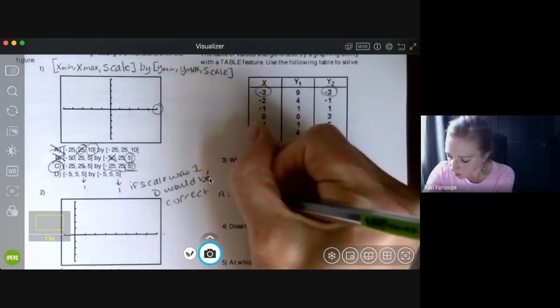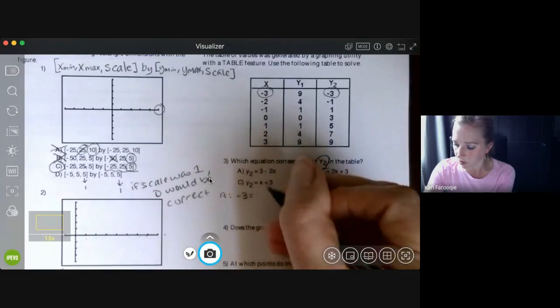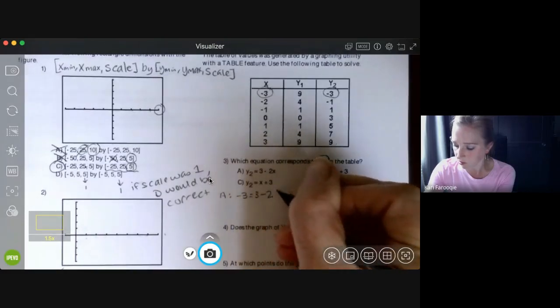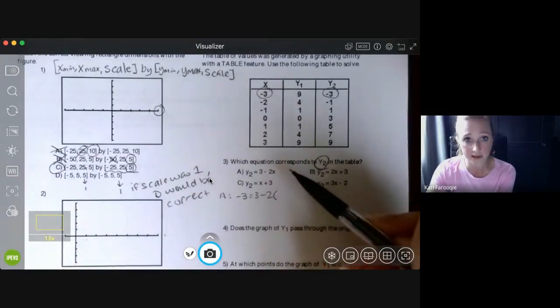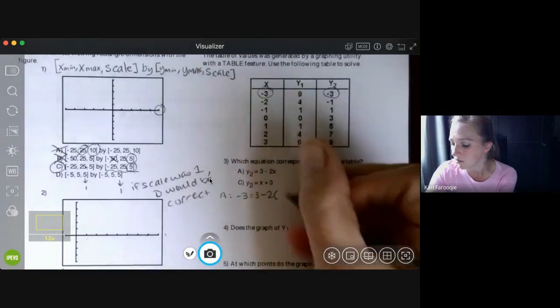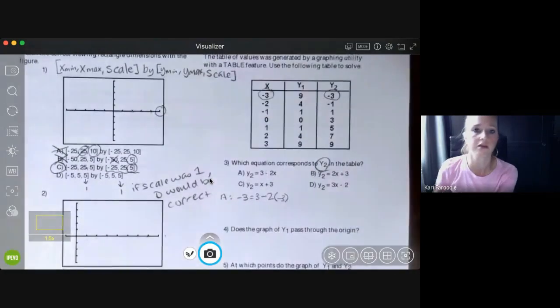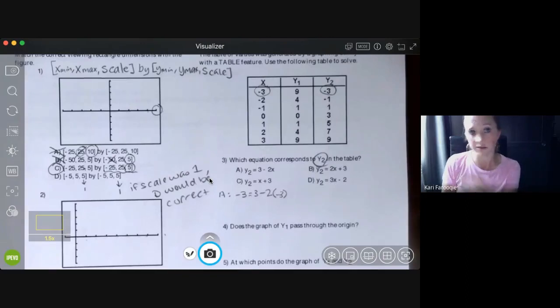Y sub 2 is -3 equals 3 minus 2x. Now remember, it's 2x. That's implied that it's 2 times x. So we're going to use multiplication here. The corresponding x value is also -3. Now the goal here is, if you immediately find that this is not true, then you can get rid of the option A and move on and find one that does work.